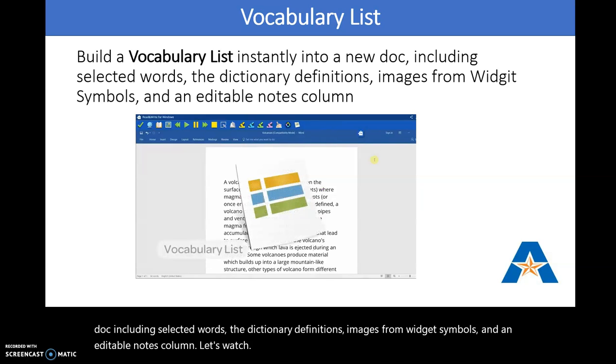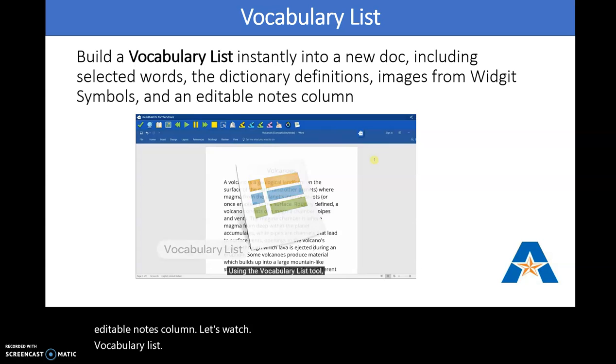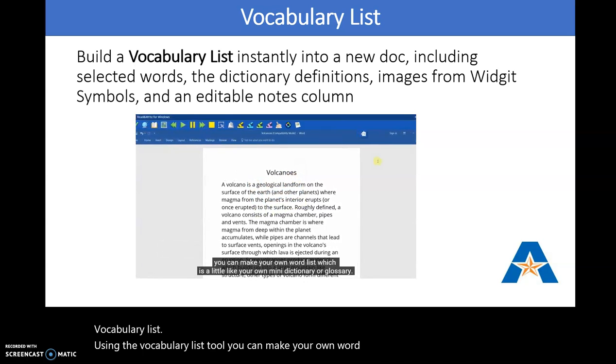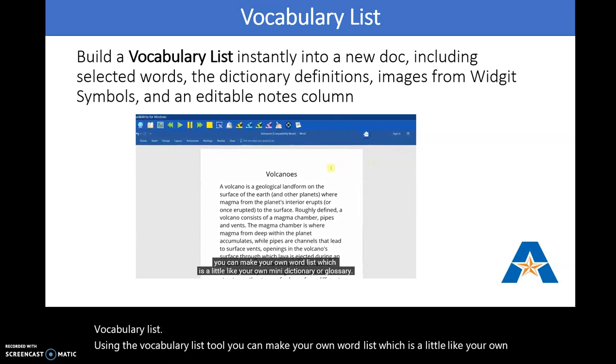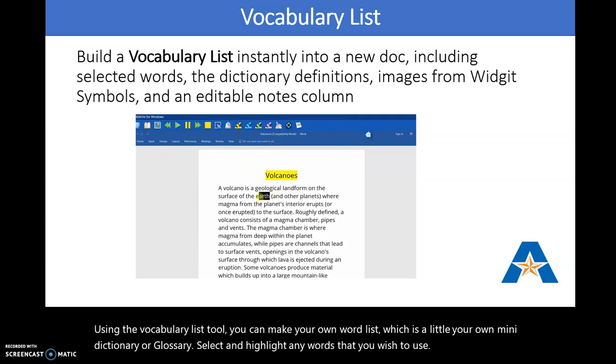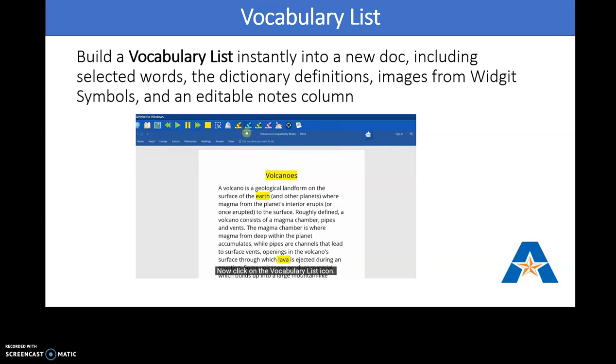Vocabulary list. Using the vocabulary list tool, you can make your own word list, which is a little like your own mini dictionary or glossary. Select and highlight any words that you wish to use. Now, click on the vocabulary list icon.